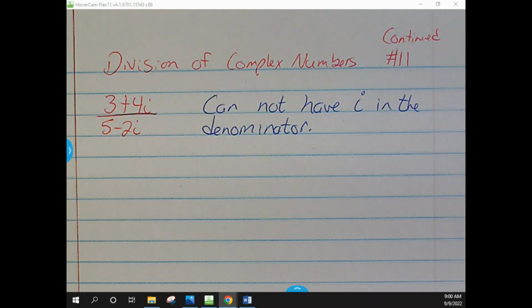Because if you try to start adding and subtracting complex numbers, i is weird and it's just not easy to work with. If we're going to do any kind of operations with fractions that are complex numbers, we want to rewrite it so that there's not complex numbers in the denominator, because it makes things really hard to start adding and subtracting these things.